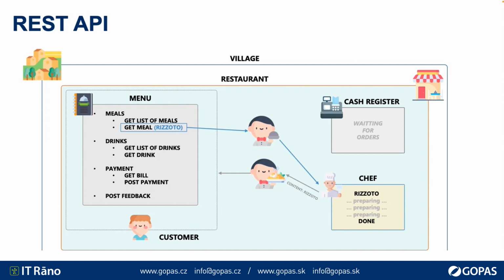So it looks like if we would like to get something specific, we need to specify what we want. But we can also see that there are some questions that are really generic and don't have any parameter inside, like get list of meals.